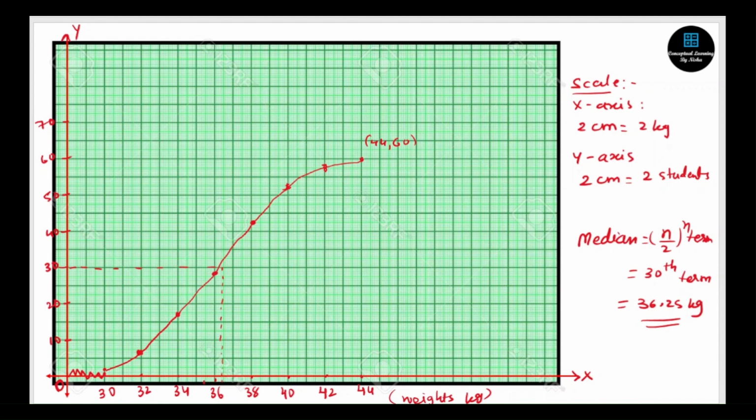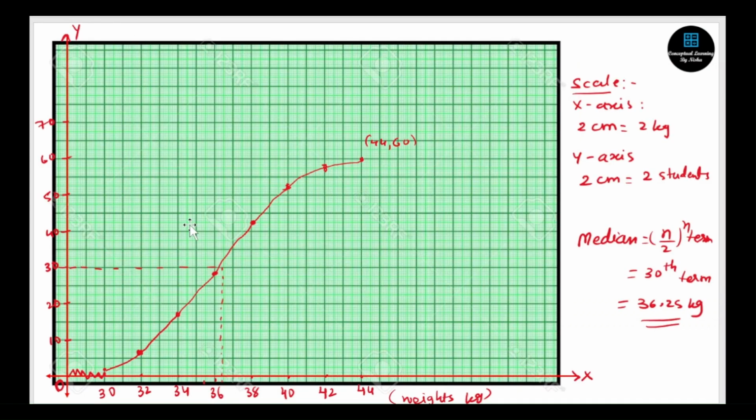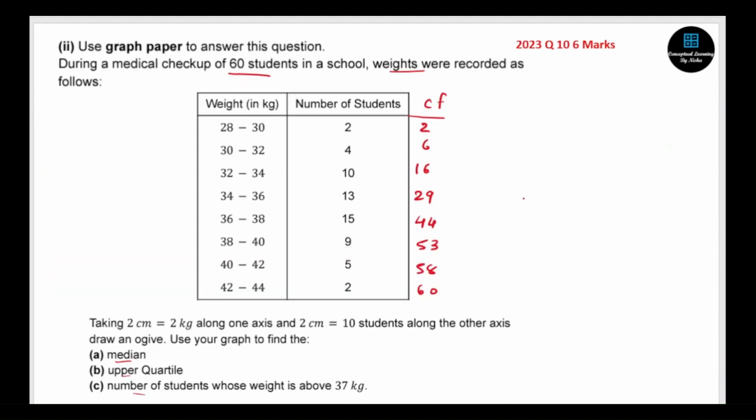Now we have to find the upper quartile also, and the number of students whose weight is 37 kg and above. Let me write it here: upper quartile Q3. I am finding the B question.